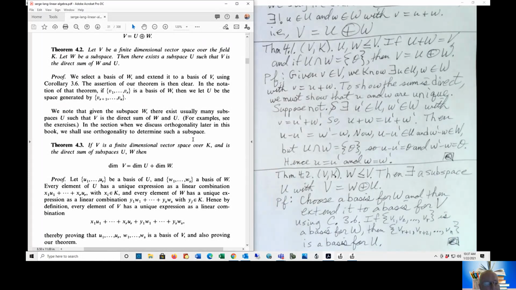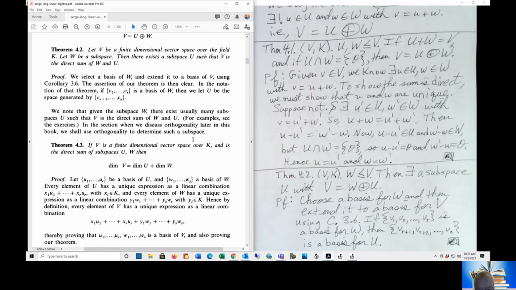Again, let V be a finite dimensional vector space over field K, and let W be a subspace of V. Then there exists a subspace U of V so that V is the direct sum of W and U. But notice, very important, that the subspace U is not unique.